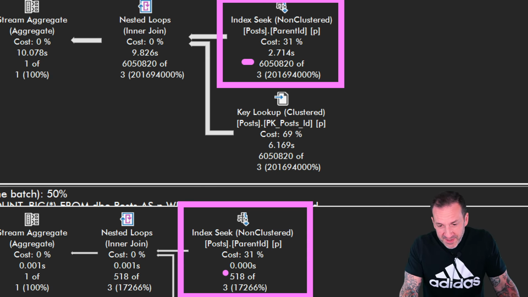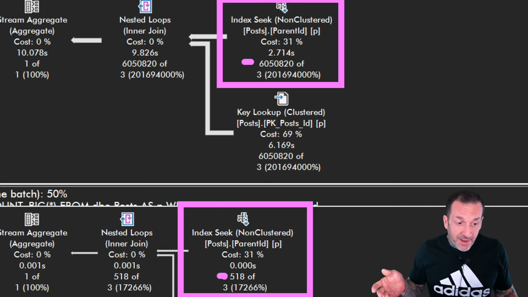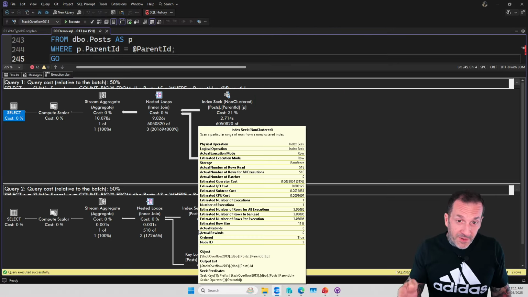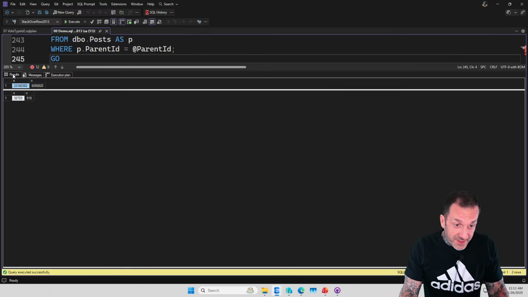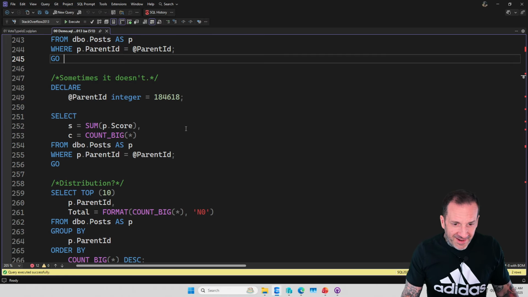But if you run into situations like this where you're like, oh, SQL Server guessed 3 rows, but we got 518 rows and everything turned out okay, I don't know. Maybe you're safe for now. But don't say I didn't warn you, right? Local variables can really screw up query performance, especially as things get bigger and bigger, right?